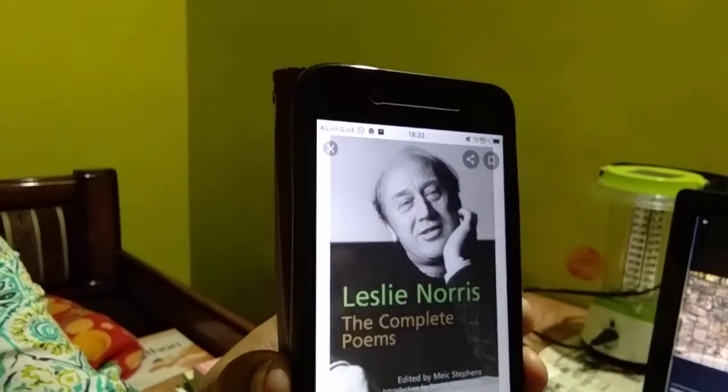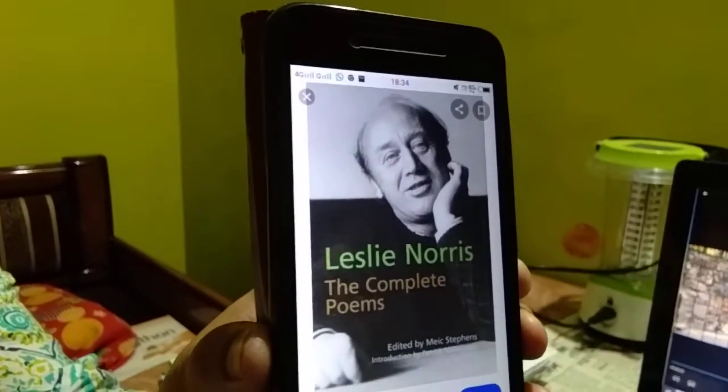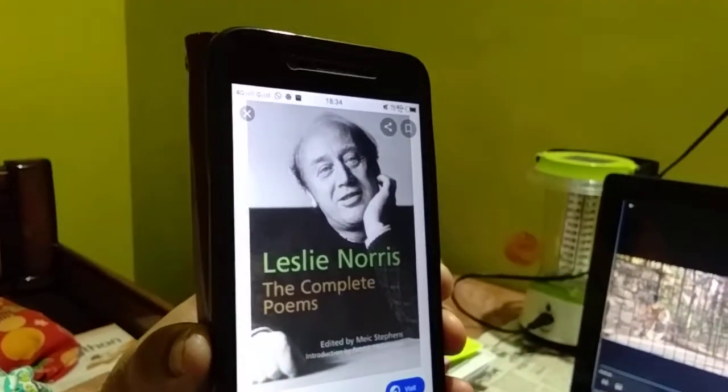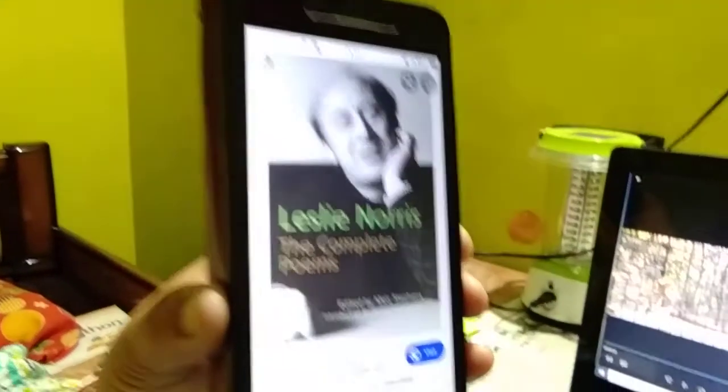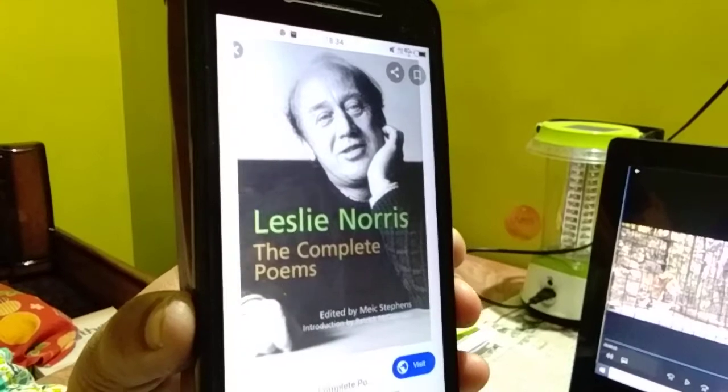He was born on 21st May 1921 and died on 6th April 2006. He taught at academic institutions in Britain and the United States. He was considered the most important Welsh writer of the post-war period. His literary publications have won many prizes.